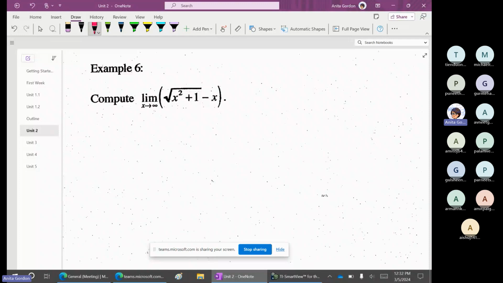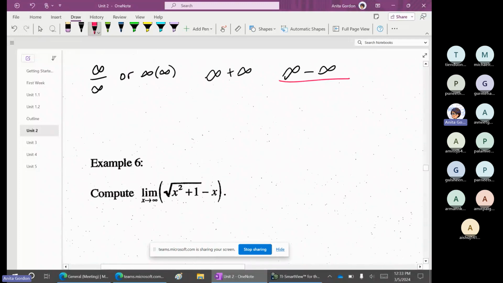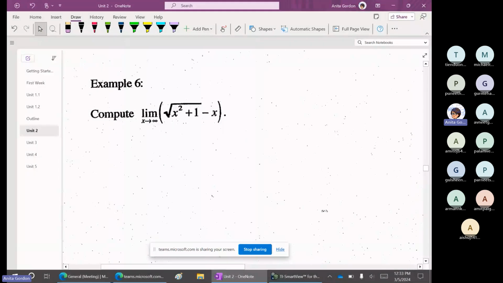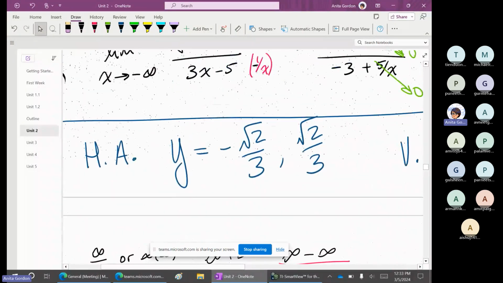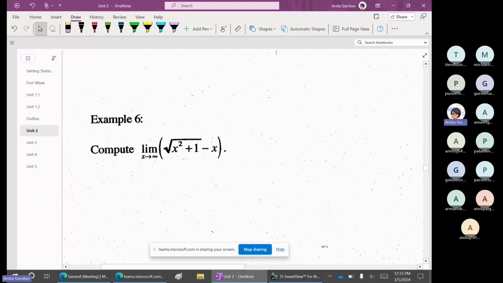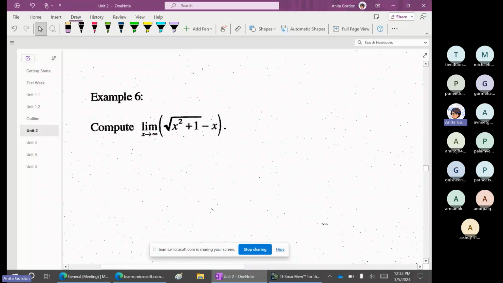If I put infinities in here, I'm going to get something that looks like this. That's not helpful. I don't want that. So what can I do? I want it to kind of look like this, because then I can cancel stuff out and make things go away. So what I'm going to do is rationalize it and force it into a fraction.